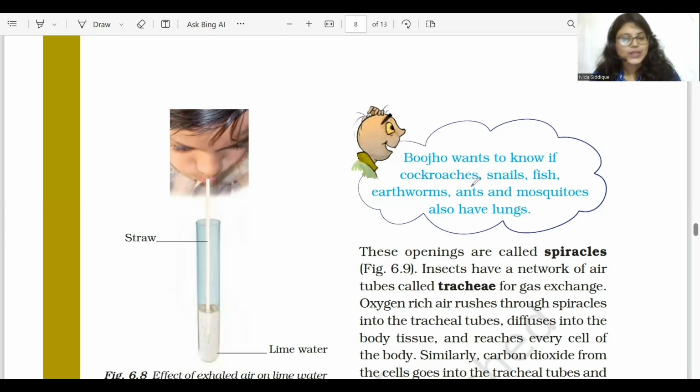We know that cockroaches, ants, and mosquitoes, all these insects, have spiracles, small openings through which they can breathe. On the other hand, snails and fishes breathe through their gills. Earthworms can breathe through their skin. So different organisms, although they do not have lungs, have other means by which they can breathe.